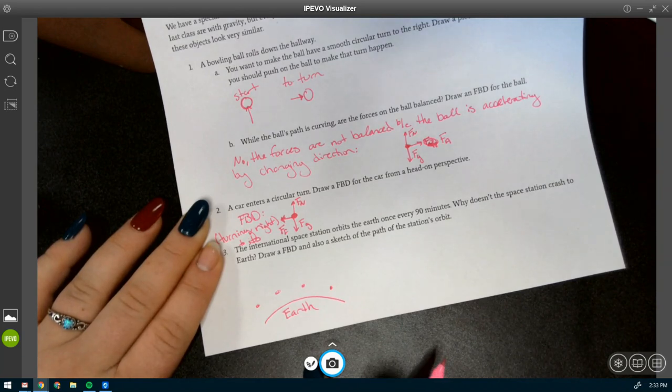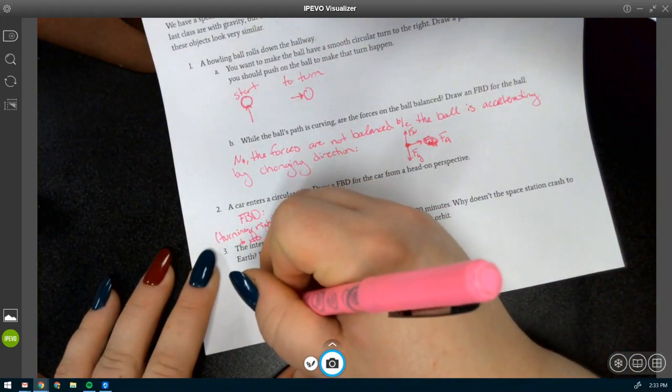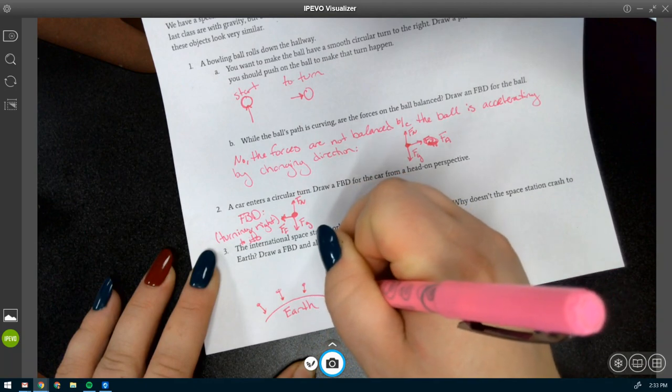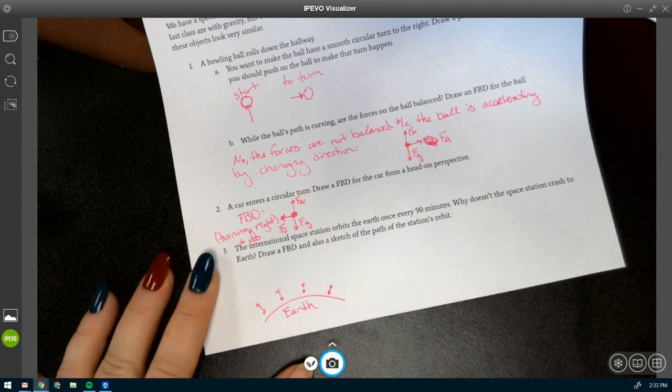So I'm going to draw all of my arrows towards this unfortunately placed point. So those are all the free body diagrams of that satellite. They're all the same. They just have one force, and it's the force of gravity.